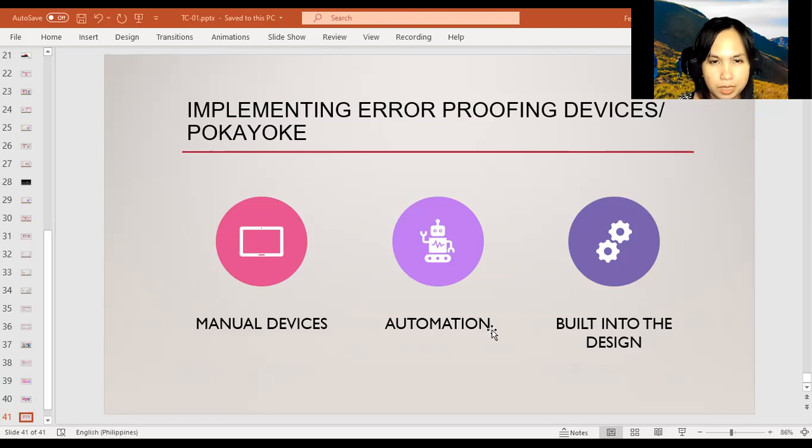So in other words, the best error proofing devices are usually inexpensive and creative. You don't need to spend a lot of money to mistake proof a process. We also want to ensure the device is easy to use, it's safe, and is simple to implement. And then finally, we should also be able to easily maintain the device, no? And it should be, of course, durable.